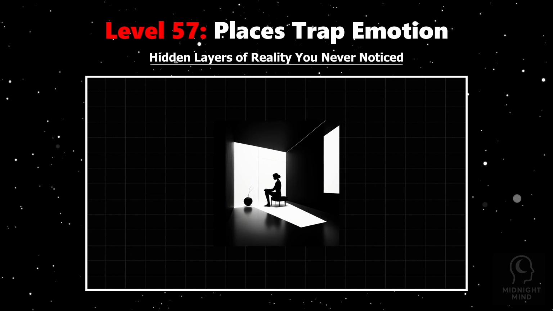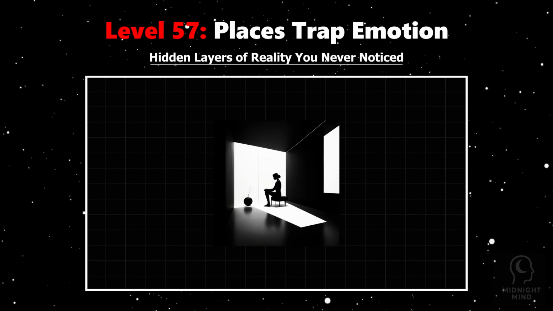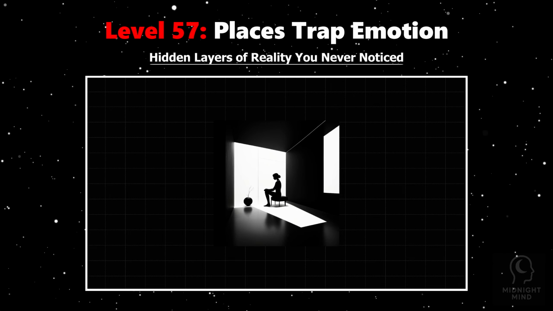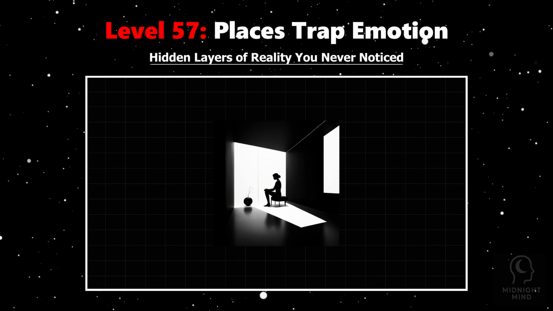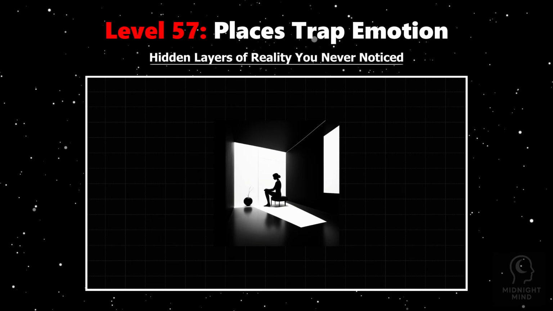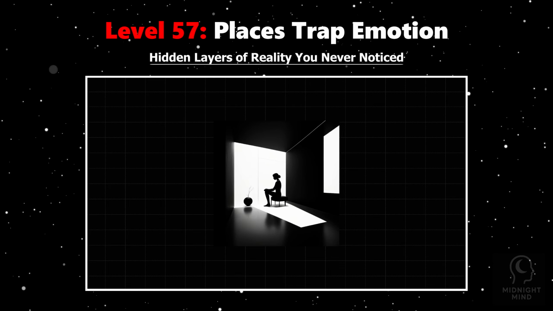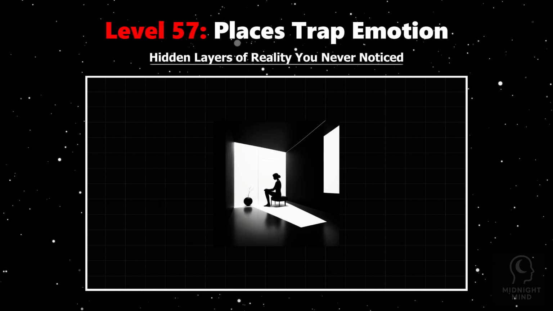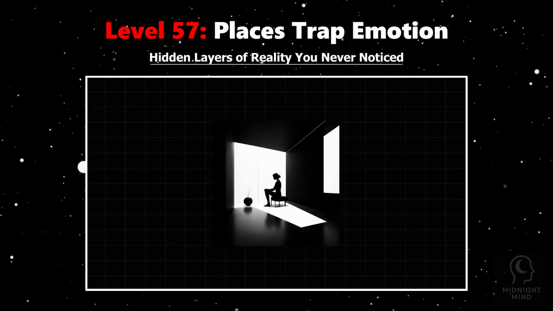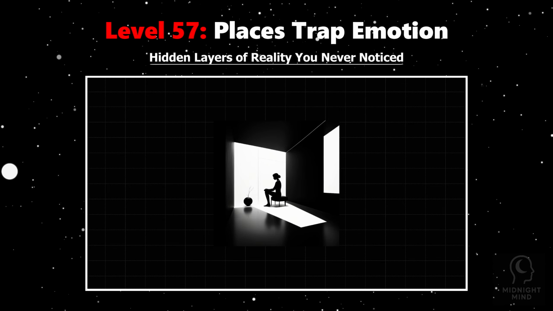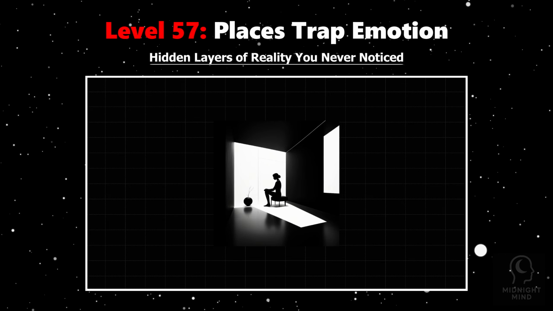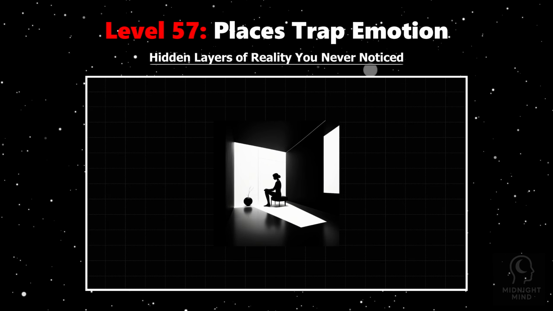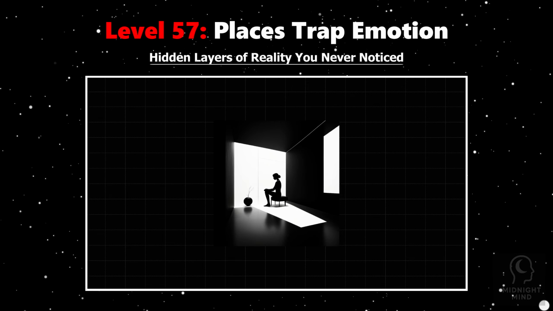Furthermore, your brain's limbic system integrates spatial and emotional data, creating maps of emotional experience tied to places. These subconscious connections mean that rooms act like emotional mirrors, reflecting and amplifying stored feelings. So, places trap emotion not through magic, but through the science of memory, perception, and sensory imprinting, explaining why certain spaces feel alive with feelings you can't see but deeply sense.